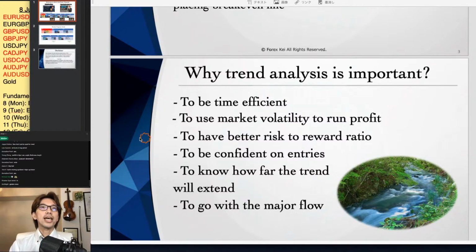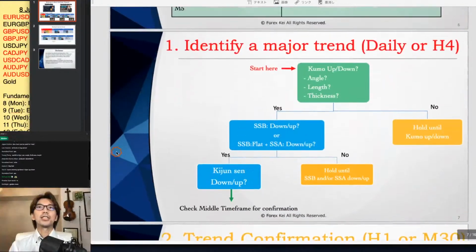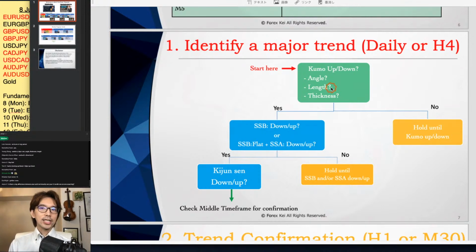So, to be more precise, let me just recall how I capture the trend. Basically, I look at these components when I look for the trend. I look at the Kumo, and I look at the angle, length, and thickness of the Kumo. Make sure that Kumo should be developed long enough after the twist so that it can be more stable uptrend or downtrend.